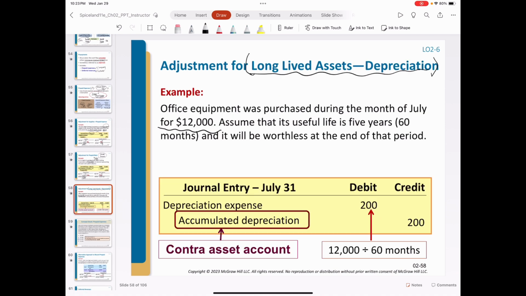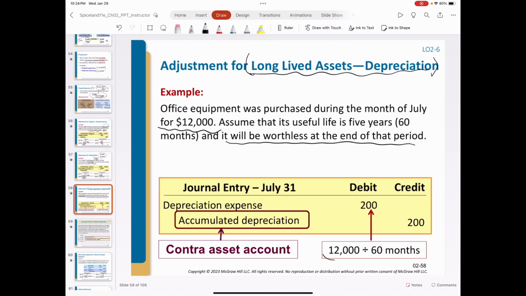The depreciation, as I said, is based on assumptions. If we assume the useful life is 5 years, that means 60 months, we only recognize depreciation expense for 1 month. Let's also assume these assets will be worthless at the end of 5 years, so there's no residual value. So it is reasonable to evenly allocate $12,000 into 60 months.